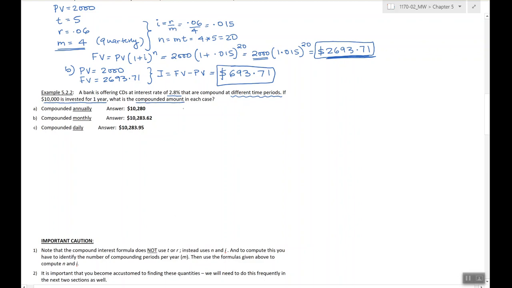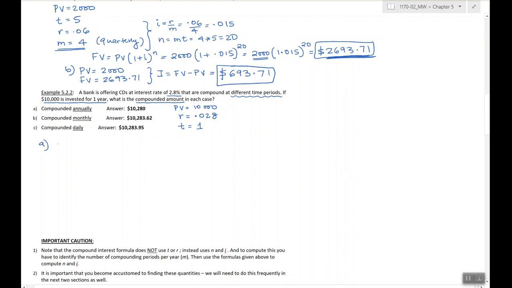So for each of these three questions, the present value is $10,000. The interest rate is 0.028. The length of time is 1 year. So the only difference is M. In each case, M is different.